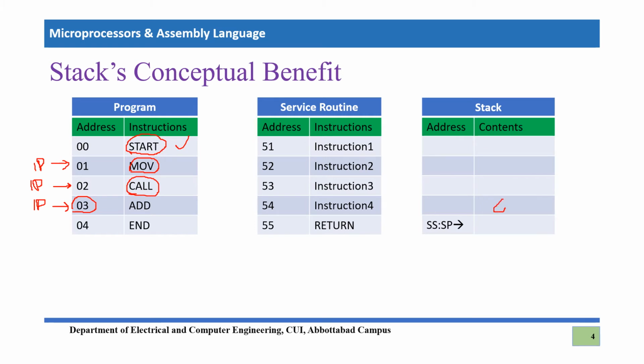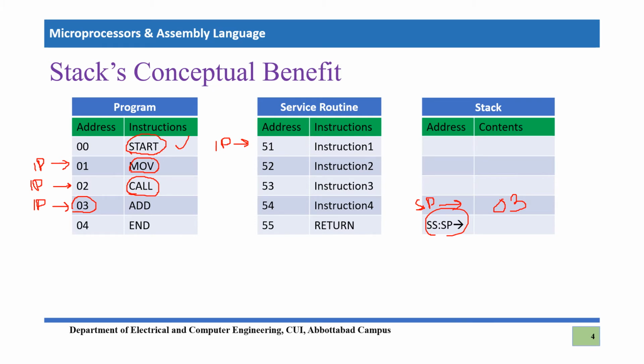So 03 will come here, and the stack pointer will switch to the next location, as we learned in the stack basics lecture. So this is now the stack value, or the top of stack, and this value is stored in the stack. Now the microprocessor is going to point to the first instruction of our service routine.